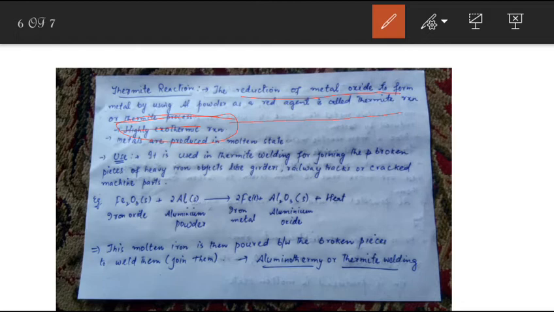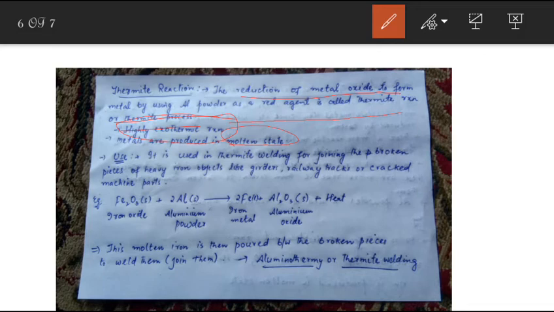These are some important points of the thermite reaction. First, it is the process in which a metal oxide is reduced to form metal by using aluminum powder as a reducing agent. Second, it is highly exothermic in nature because a large amount of heat is produced. Third, metals are always produced in molten state.